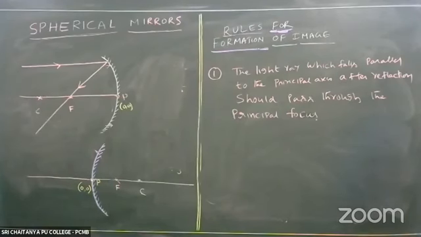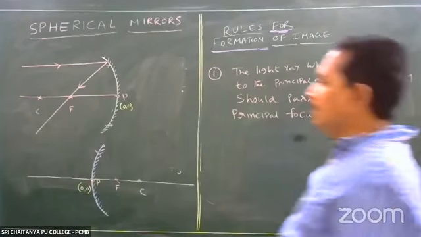Whatever we are writing is true for the paraxial rays. First rule, the light ray which falls parallel to the principal axis after reflection passes through the principal focus. This diagram.